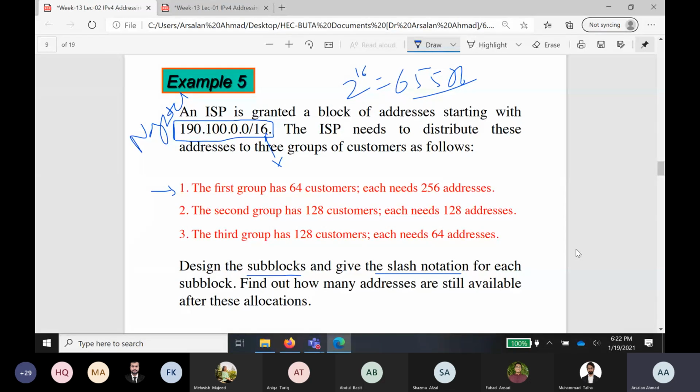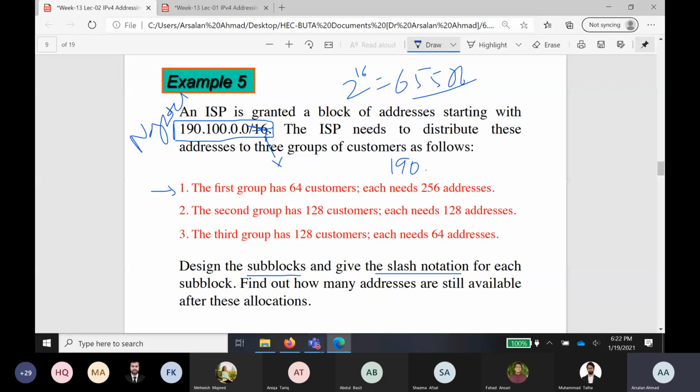If this is a classful example, and someone had given you, instead of this /16, the question that the company is granted a class B address 190.100.0.0. This is a class B address, by the way, 190, because it is smaller than 192.